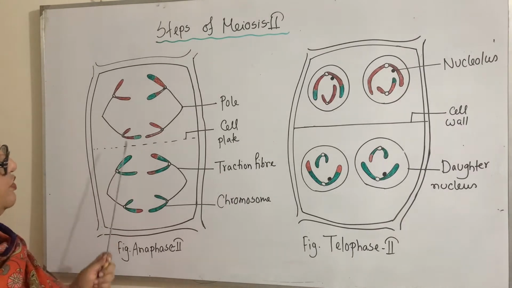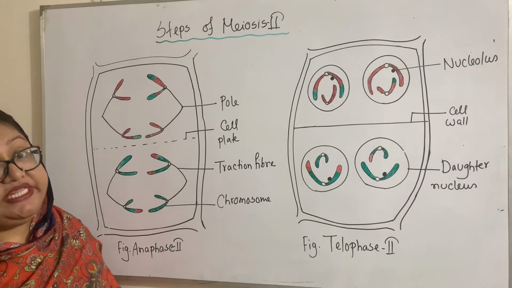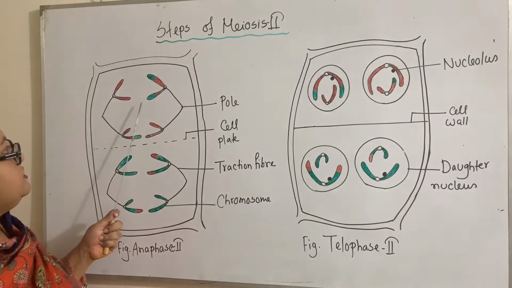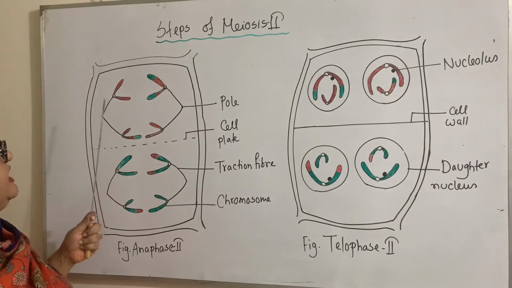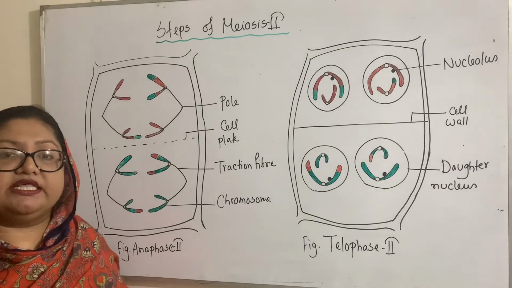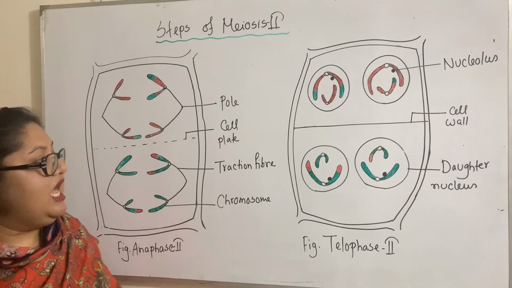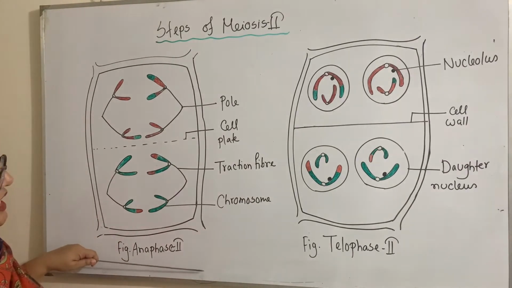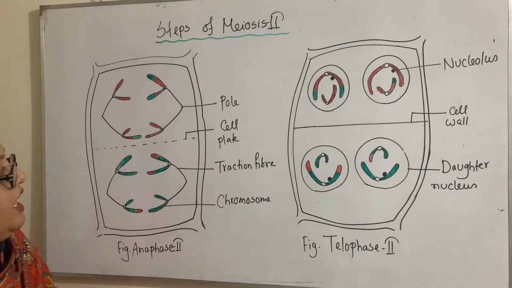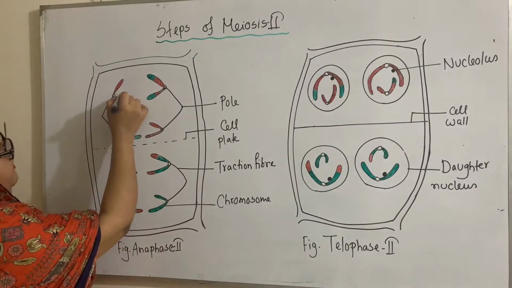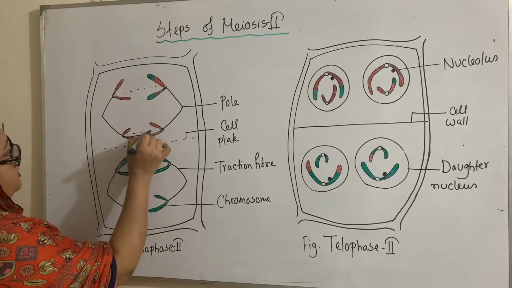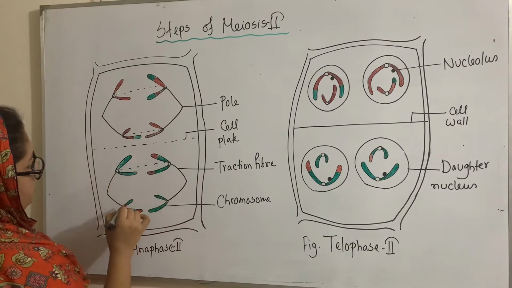It is happening in both cases, and during this time the daughter chromatids or daughter chromosomes look like I, J, L or V-shaped. So this is all about the anaphase stage.